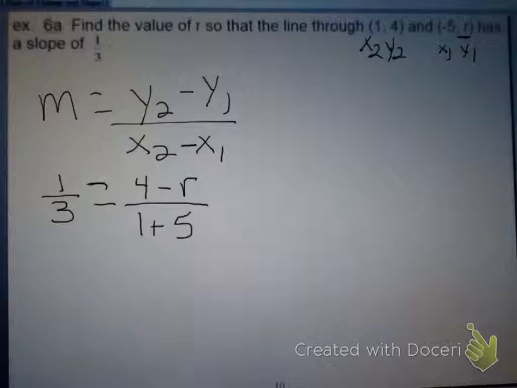Okay, now look right here. What does this look like? This looks like a proportion. Now right here, 1 plus 5 is 6. I could rewrite it if I wanted to. I'm going to rewrite it right next to it because I'm running out of room.